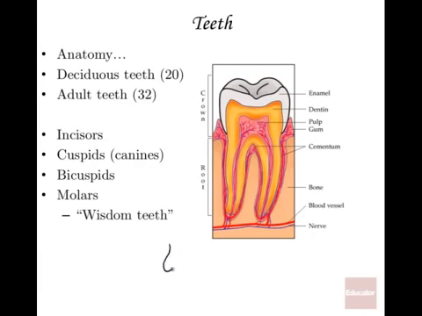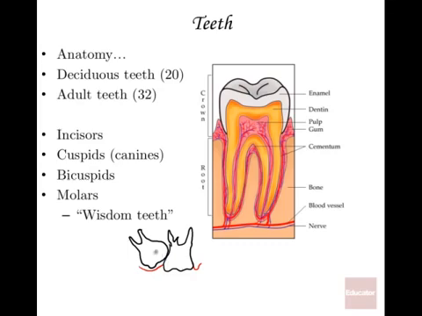So let's say this is a molar that was not quite in the back, and here's the gum line, and then there'd be another tooth over here. But the back part, the more posterior portion of my jaw, had a tooth that wanted to grow in this way, like it was pushing on my molars.